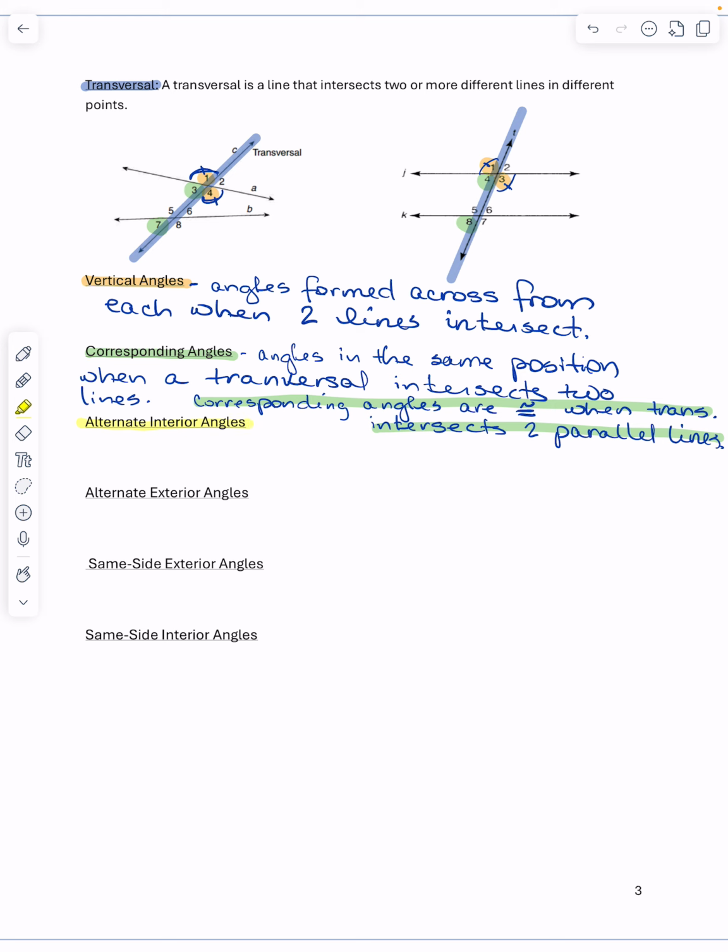Next, alternate interior angles. So the interior angles are the angles on the inside of the two lines being cut. So 3 and 6 are alternate interior angles. Over here, it's 3 and 5. Also 4 and 6.